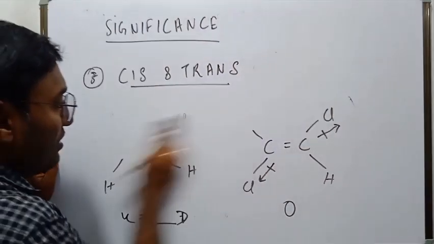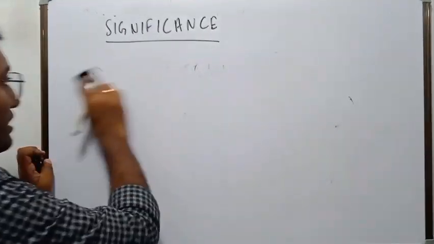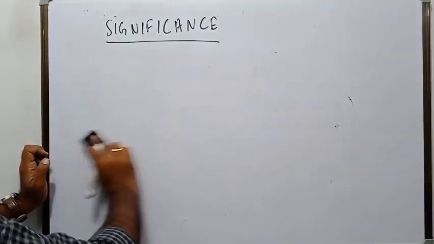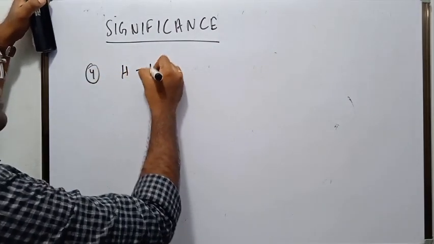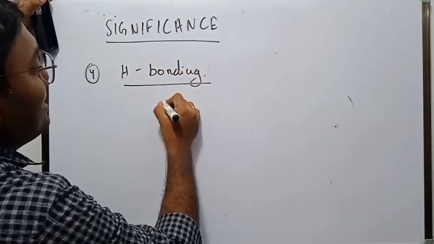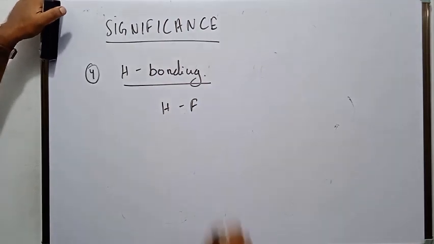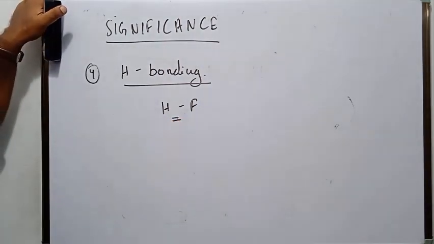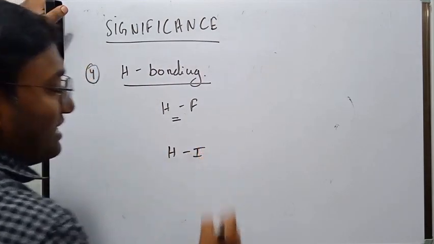The fourth application of this is, can anyone tell? Any idea? Hydrogen bonding. HF shows the highest hydrogen bonding, but it's not the case with HI, right?